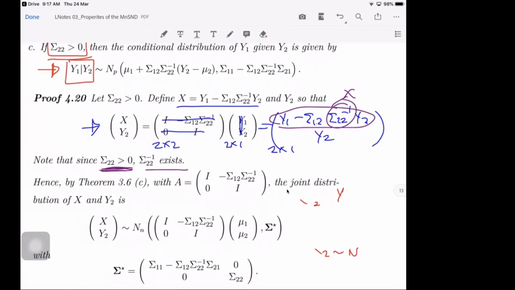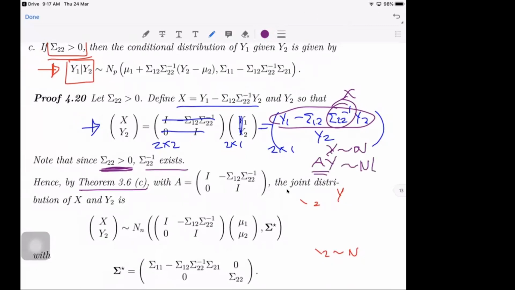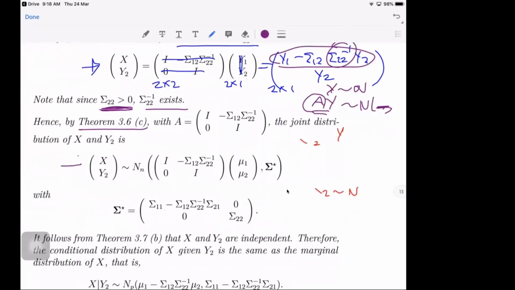By theorem 3.6c, if you have a y which is normally distributed, say with mu and sigma, and you find the distribution of Ay, it is still normally distributed with parameters A mu and A sigma A prime. So if we find the distribution of this vector x, y2, then it is normally distributed.